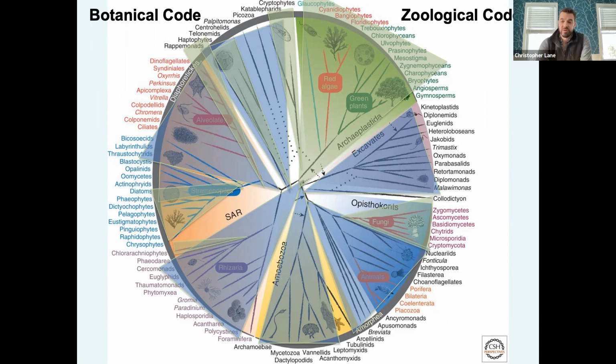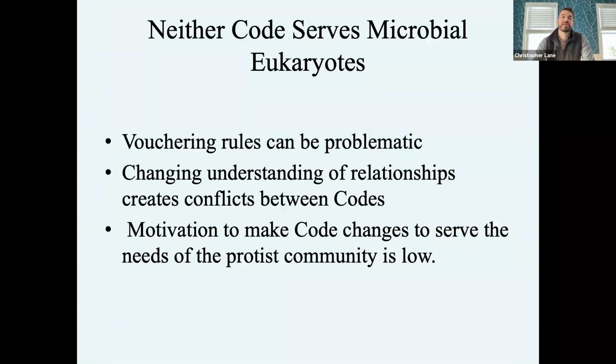We have similar problems to the prokaryotic community in the sense that vouchering is problematic for us. These codes were designed for animals and plants, which are, generally speaking, large enough to be easily vouchered. When it comes to eukaryotic microbes, that's not so much the case.